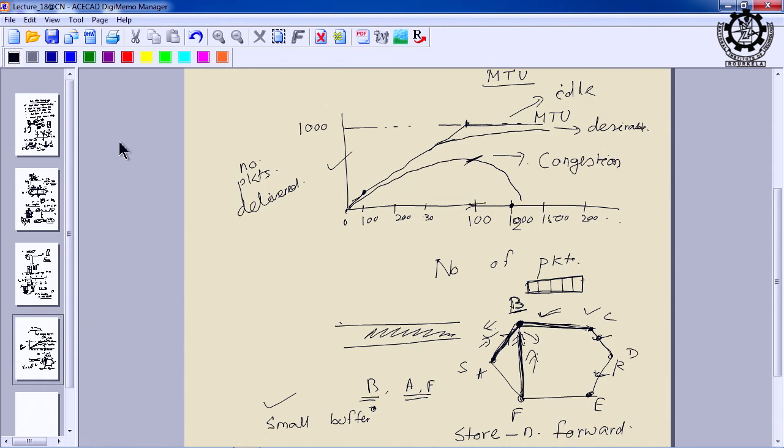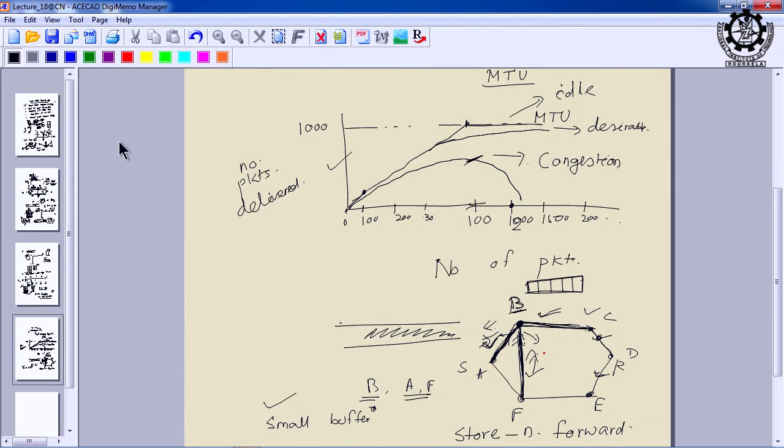So more and more packets will be transmitted on this line. So congestion will occur at this point, congestion will occur at this point. The reason is, earlier A was sending the actual packets, but now A is again sending the retransmitted packets. Along with the data packets that are supposed to be sent, it is retransmitting the packets for which it got the timeout. So the congestion will occur at this link, and congestion will occur at this link, because the forwarding node has a smaller buffer size.